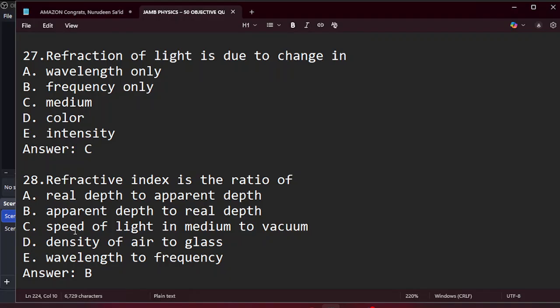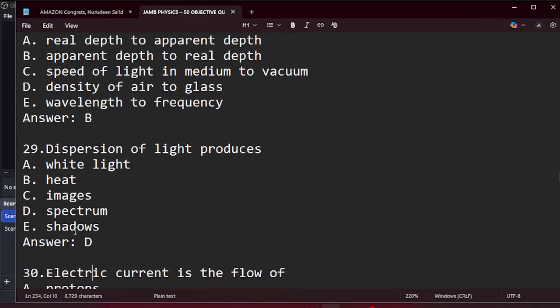Question number 28. Refractive index is the ratio of A, real depth to apparent depth, B, apparent depth to real depth, C, speed of light in medium to vacuum, D, density of air to glass, E, wavelength to frequency. The answer is B, which is apparent depth to real depth.